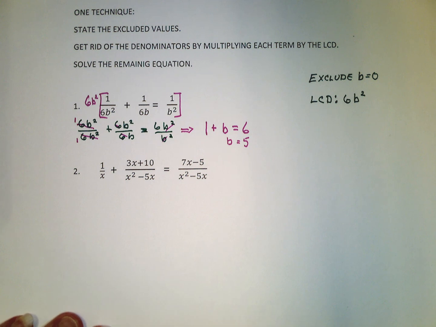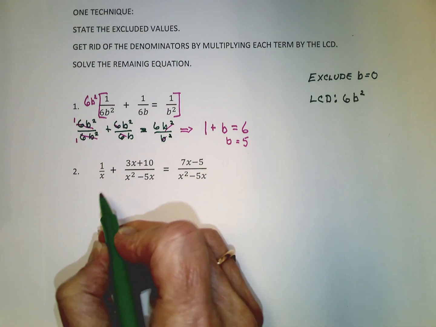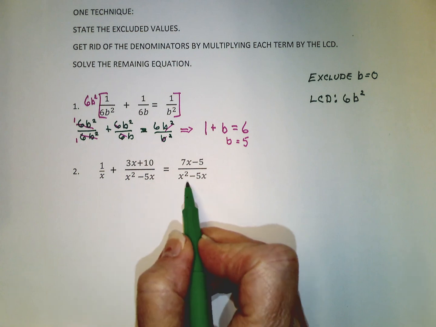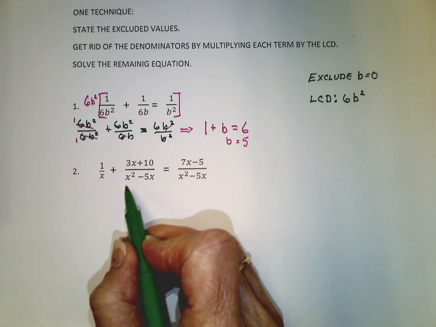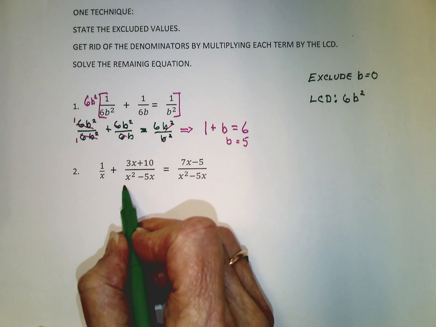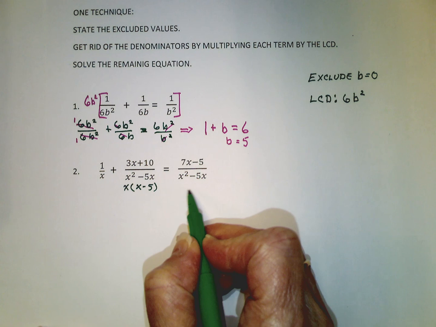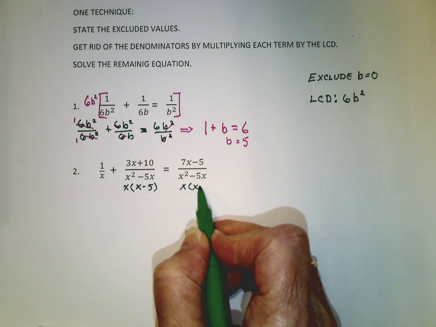But this one's not factored. That's a shame. We have a denominator of x, and these are nicely both the same denominator, but they're not factored. We can factor this as x times the quantity x minus 5. Same thing over here.